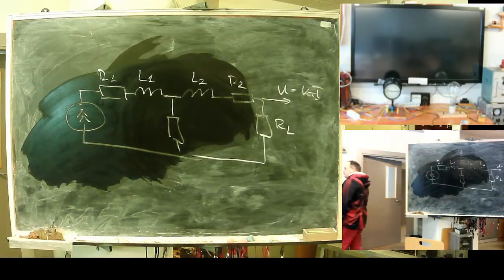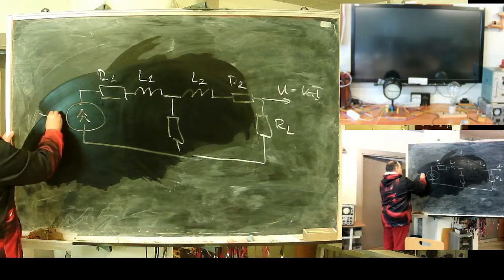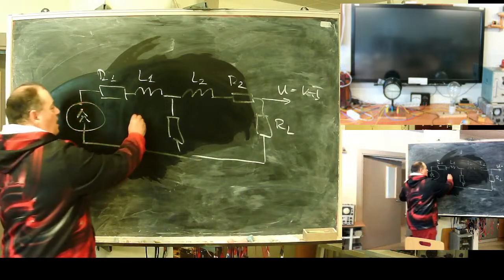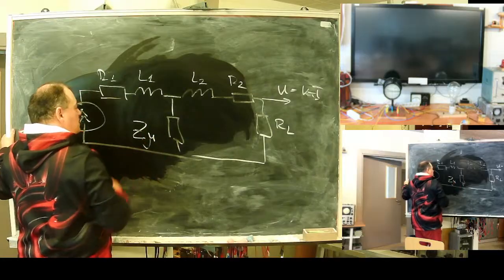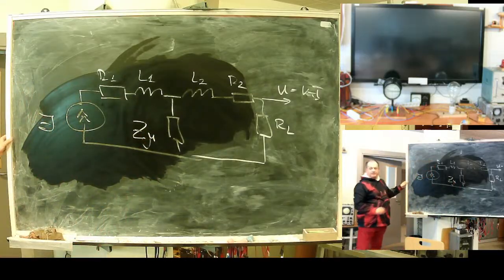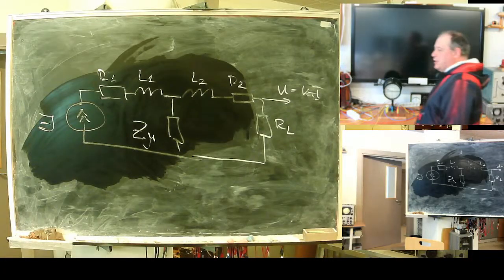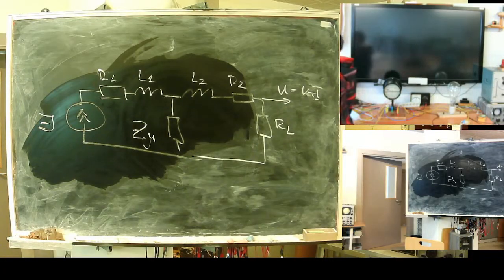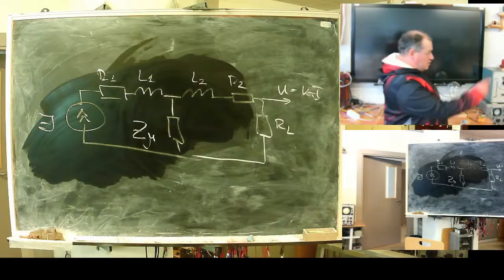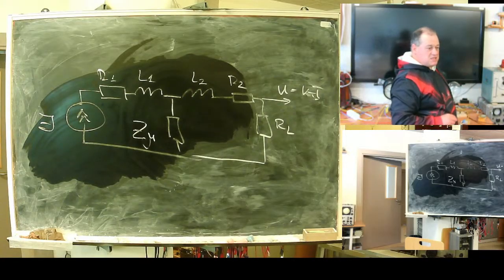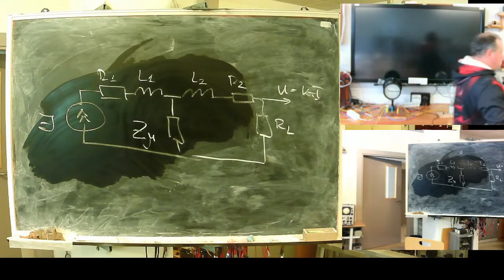Here is the signal you will process further. This is the source, and this one is the magnetizing impedance, the impedance of the magnetizing circuit, non-linear. This non-linearity is presented with this resistance. It's not linear.